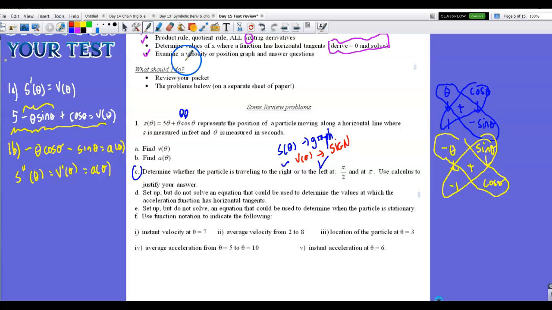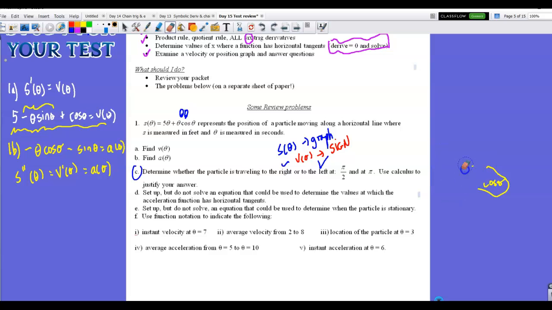So the first thing I need to know, and I'm going to come over here and erase my work on the right-hand side because I'm going to do a lot of work over here. So let's get rid of all of that. All right, so first we're gonna set the velocity, instant velocity, v of theta, equal to 0, and that's going to tell me when the particle is at rest.